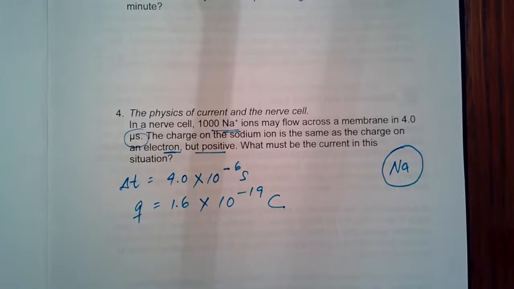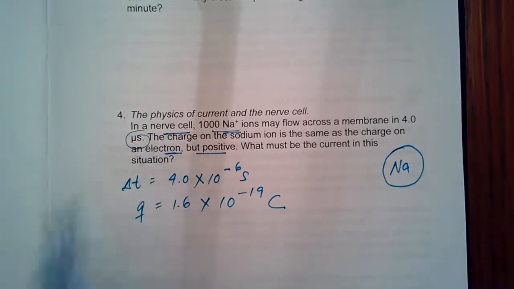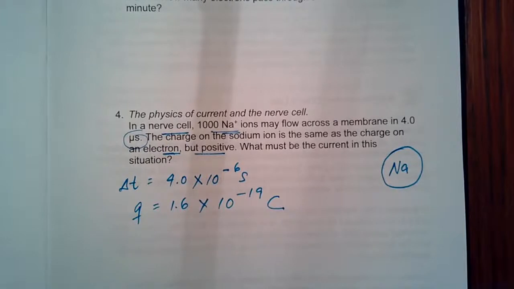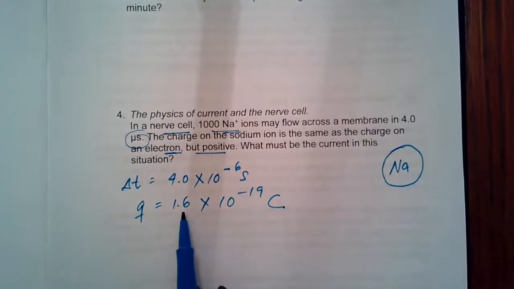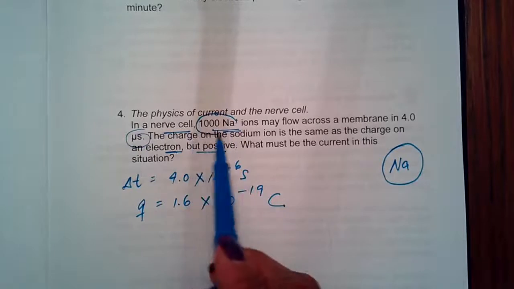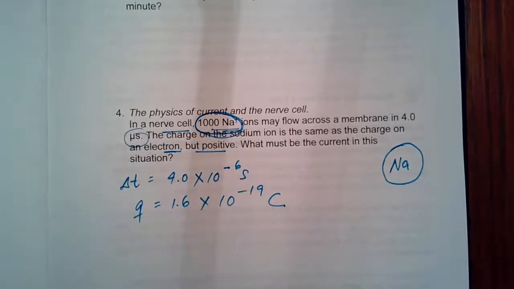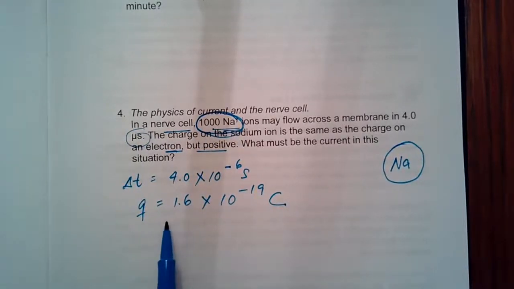If you were to look at a membrane in a nerve cell, you actually have 1,000 of these sodium ions. So we're going to have to find a way to incorporate that number 1,000 into the charge.